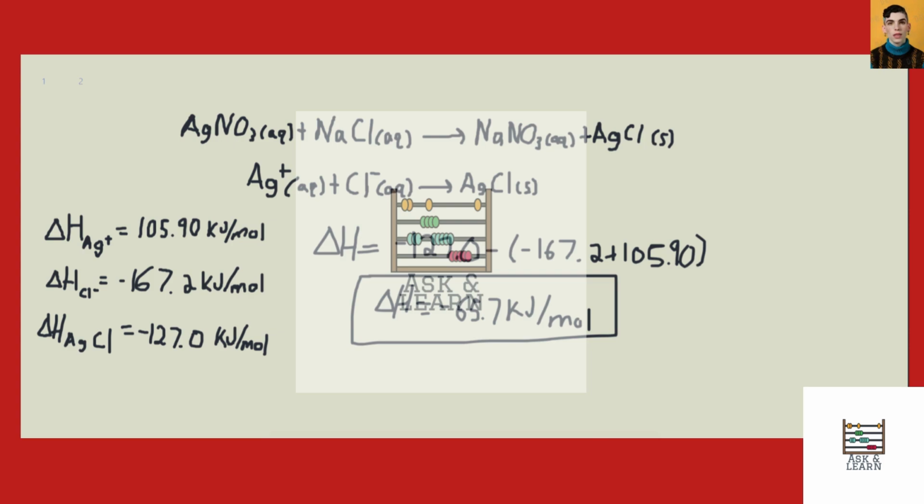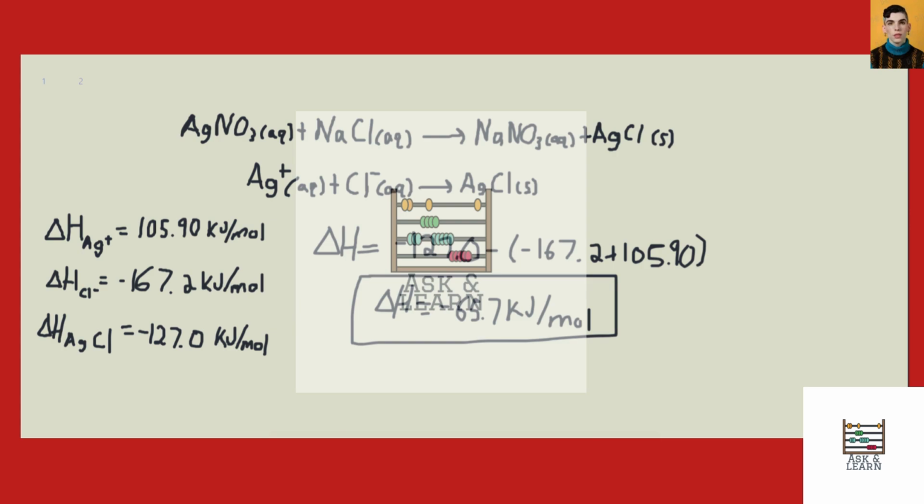So for part B, they want to know what you would expect the value of delta H of the overall molecular equation to be compared to that net ionic equation. I would expect it to be the same, because if you were to put this molecular equation into a full ionic equation, and then into your net ionic, just like how the spectator ions are going to cancel out on the left and the right, their delta H values are going to cancel out as well.